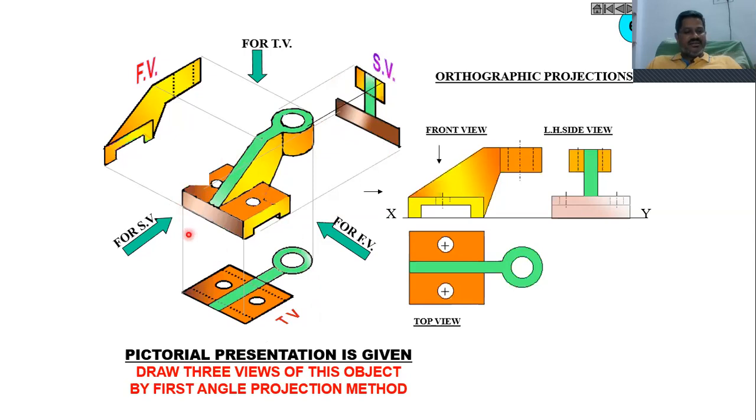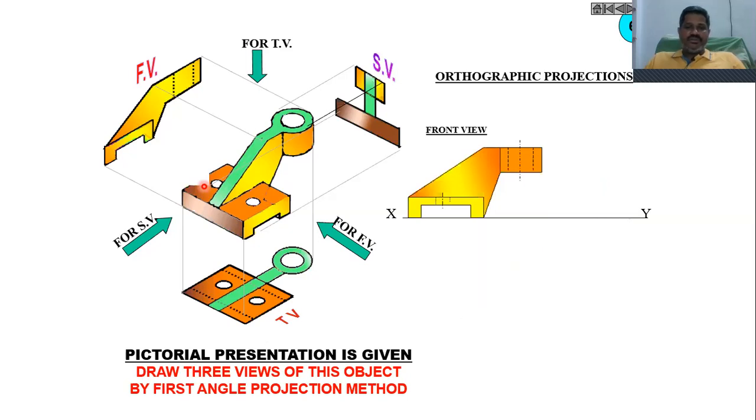Then similarly, this V shape, this depression also needs to be represented here, and that is not shown here. Please make the correction. Then similarly, that shape also needs to be represented here. This V shape also needs to be represented here. And similarly, this also reflects in the side view. So we must be very, very careful where we have the depressions, where we have the protrusions, while drawing the component. And where we get the dotted lines and where we get the thick lines, we must be very, very careful.